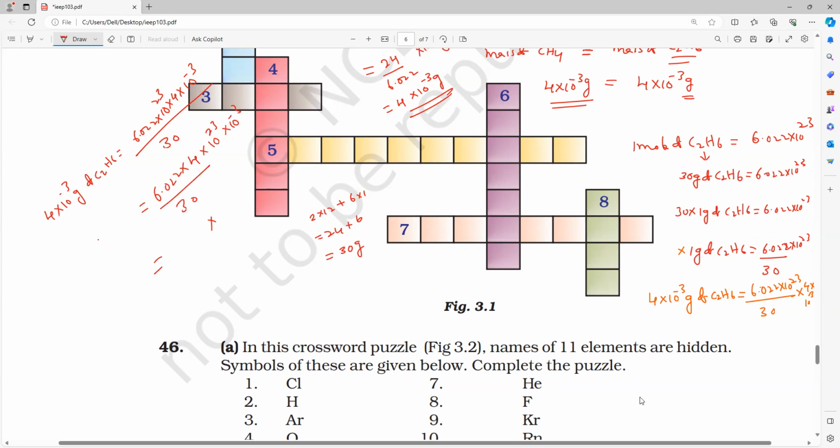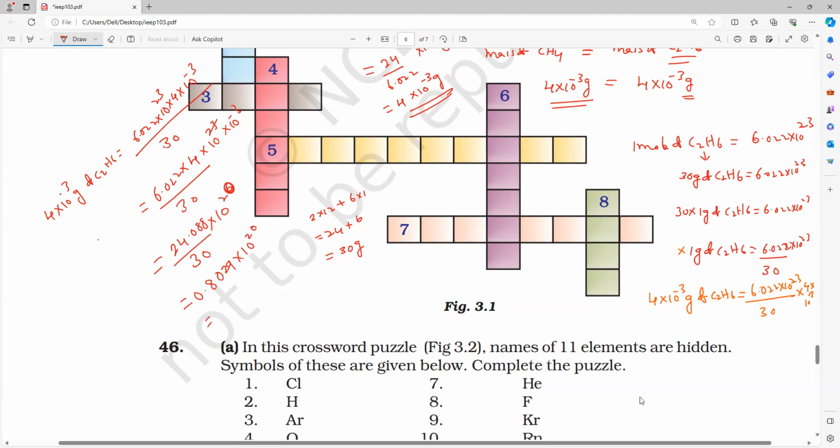We'll get 10 power 20, since 23 minus 3. 6.022 into 4 is 24.088, divided by 30, which equals 0.8029 into 10 power 20.